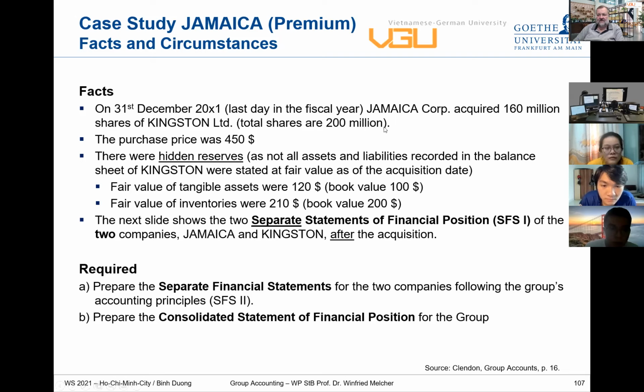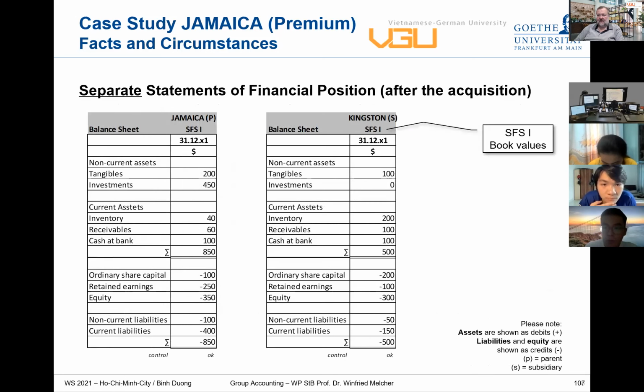Then what we first did, we prepared the two separate financial statements for the two companies. That was the first thing. And then we prepared the consolidated statement of financial position for that group.